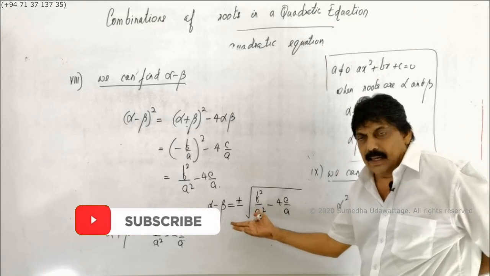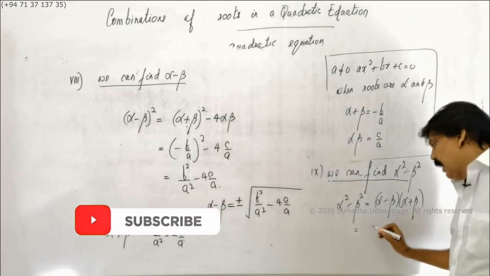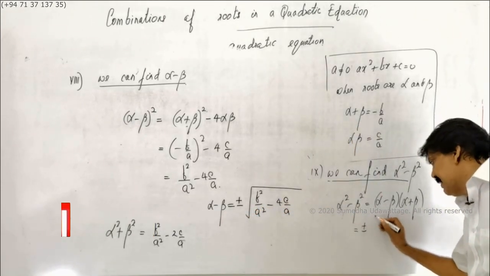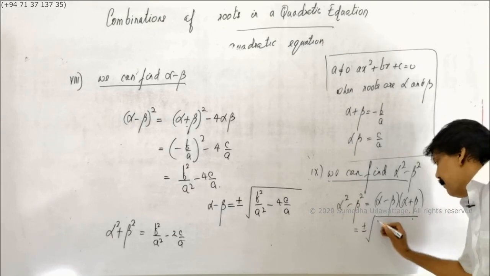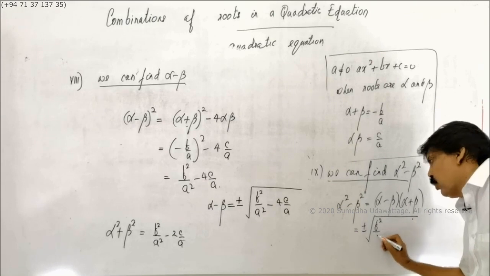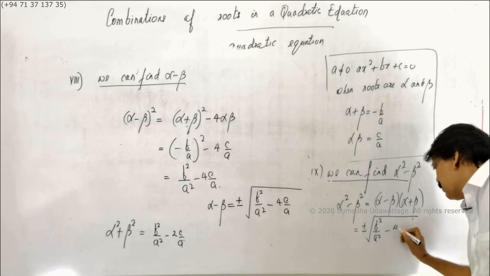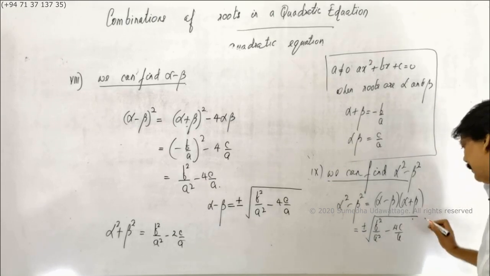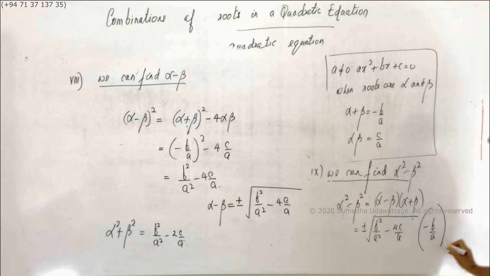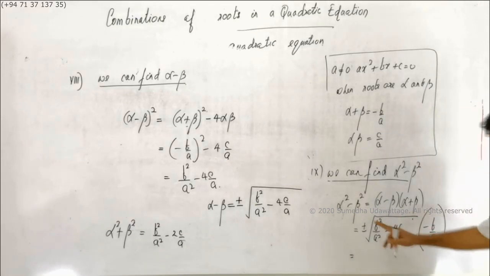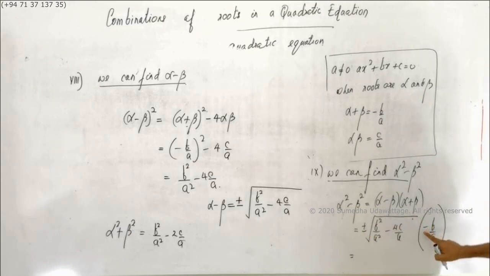You substitute it here, you get plus or minus the square root of b square over a square minus 4c over a, and then alpha plus beta is minus b over a.